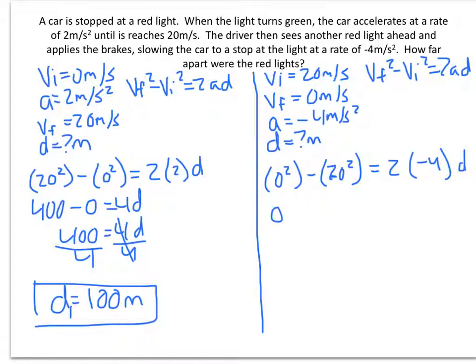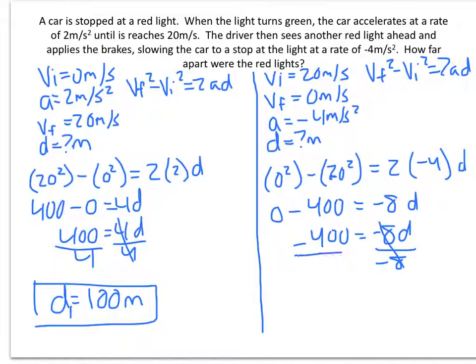So 0 minus 400 equals negative 8d. So negative 400 equals negative 8d. Divide both sides by negative 8. Cancels. 400 divided by negative 8 gives me 50. So I'm going to label that D2 because that's my second one.